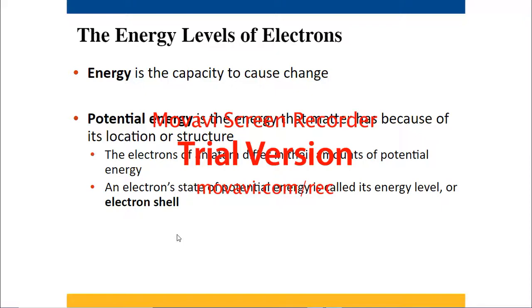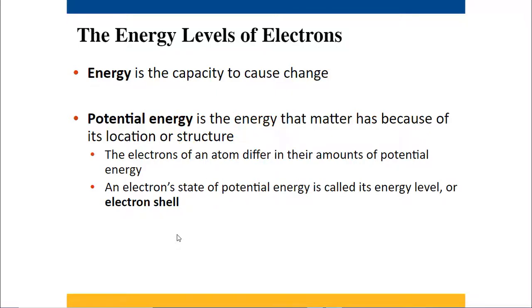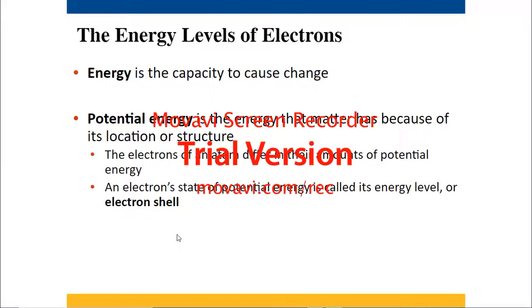So when electrons get excited, they can go from the lower energy state to a higher energy orbital state. Then, when they give off energy, they return to their low energy state, that lower orbital.